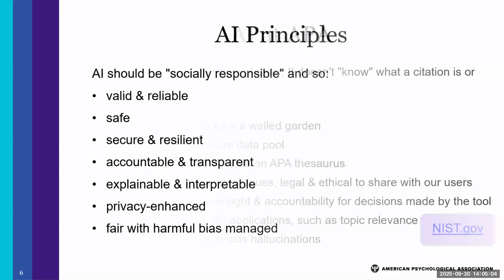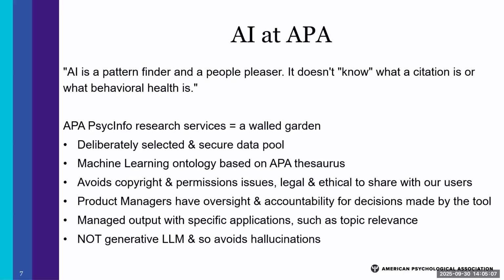So keeping these principles in mind, here's how we're working with artificial intelligence with APA's databases and other academic resources so far. The quote at the top is from our head of product, who's named Aaron Wood. And then you can see that we're setting up our AI with a walled garden approach. And there's some more bullet points describing what I mean when I say a walled garden.